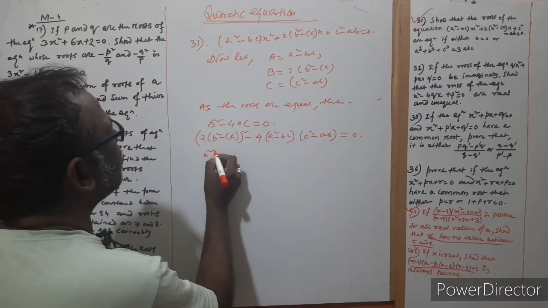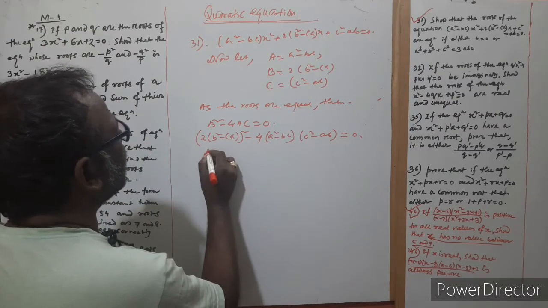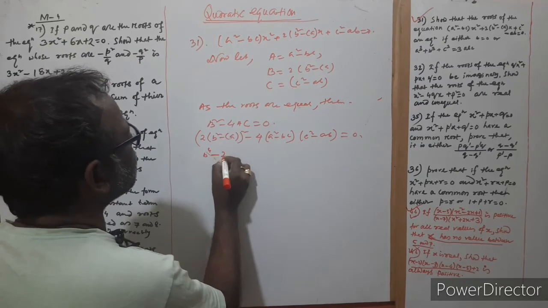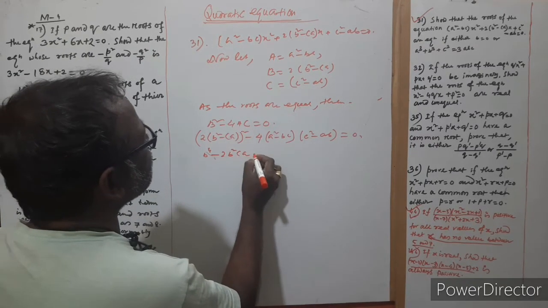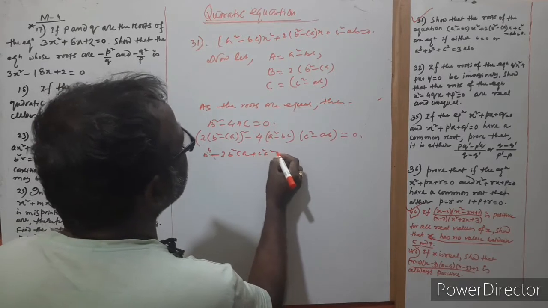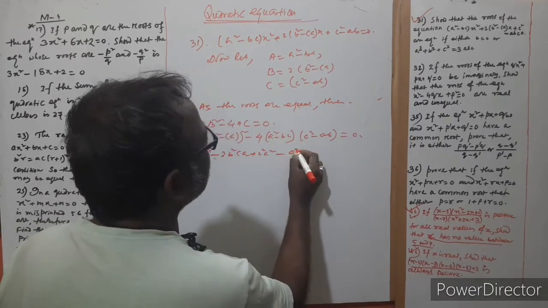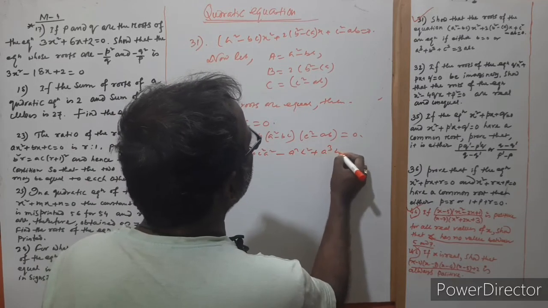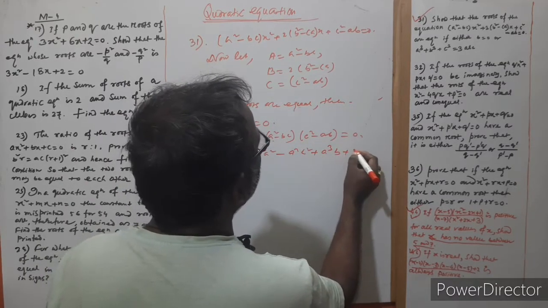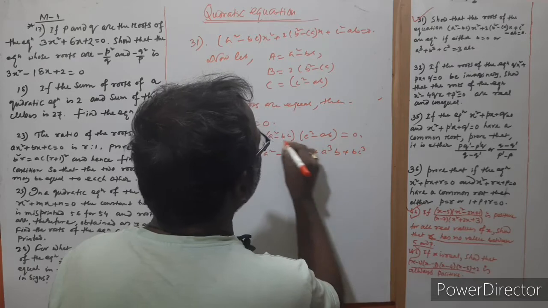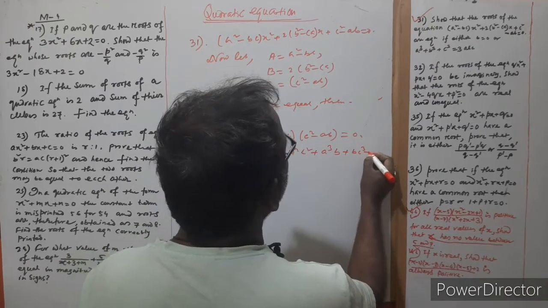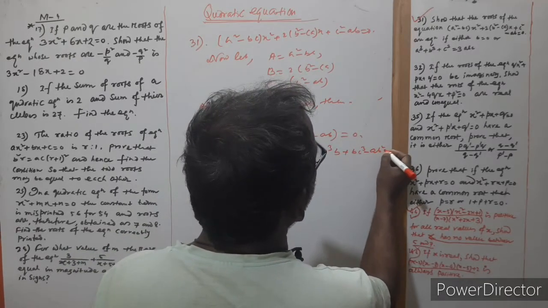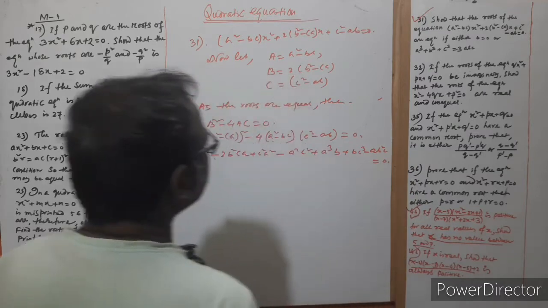So now squaring both sides, this is b to the power 4 here, and c square a square multiplied with this, so a square c square minus a cube b minus b c cube minus a b square c is equal to 0.